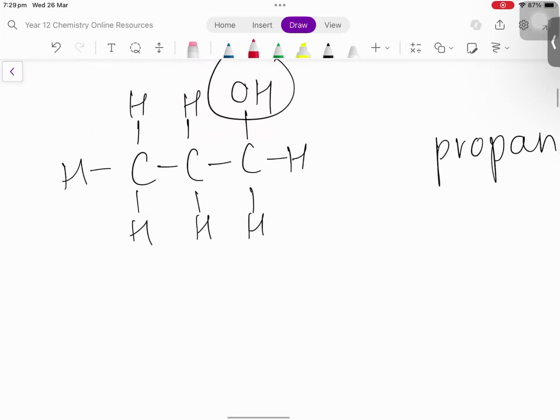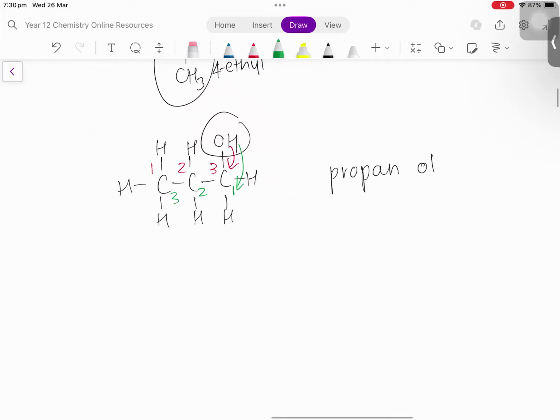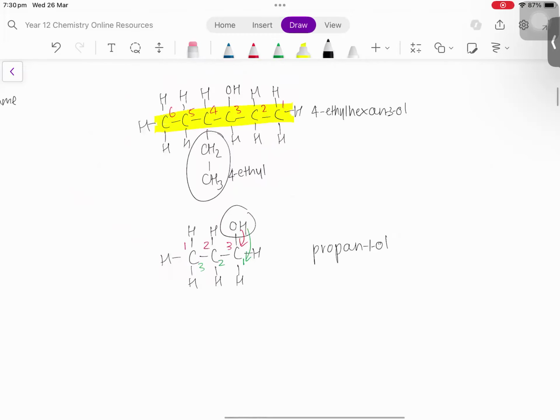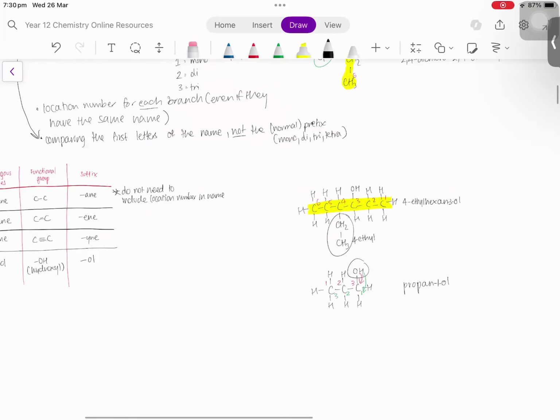So same thing here. If I start from the left, my OH is bonded to carbon 3 if I number it this way. But if I start it from the right, my OH gets carbon 1. You want to give it the smallest. So I'm going to start from the right. This is just going to be propan-1-ol. Okay. Very good.